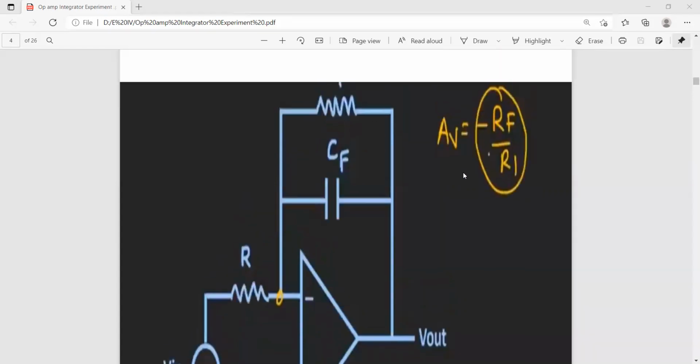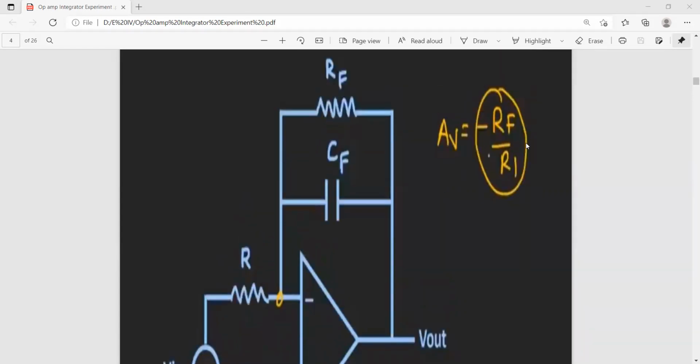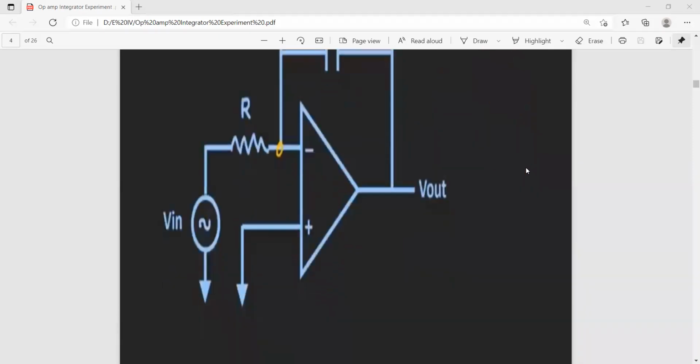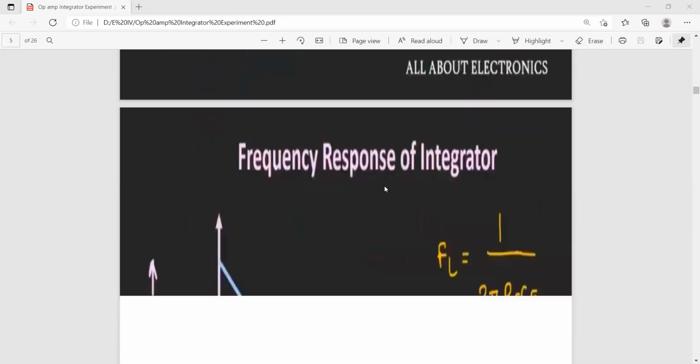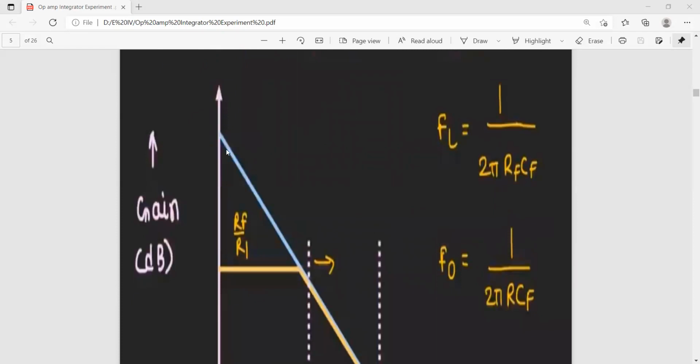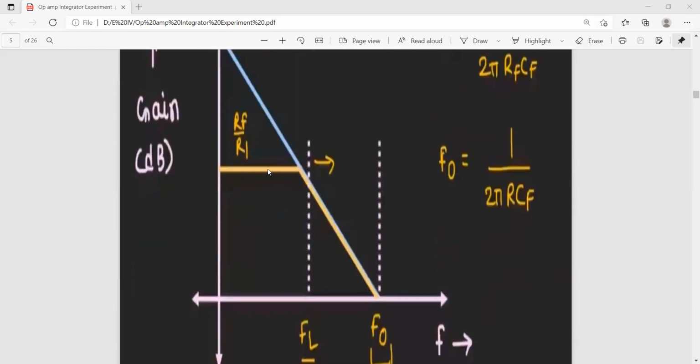Therefore, it will get some gain, minus RF by R. This is the way to eliminate this type of pattern to a constant gain. Up to this particular region, say some lower cutoff frequency, it is a constant gain, then slowly it will decrease like this.